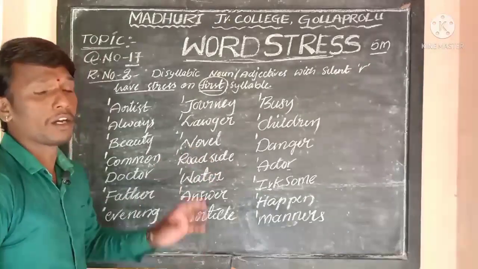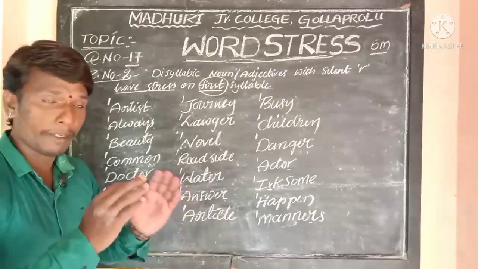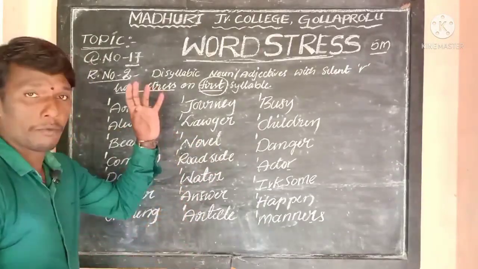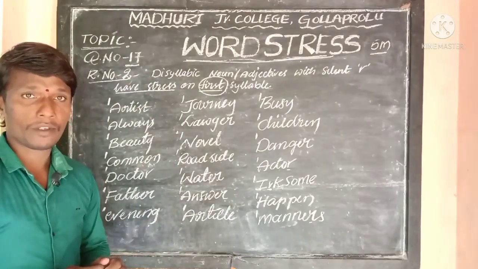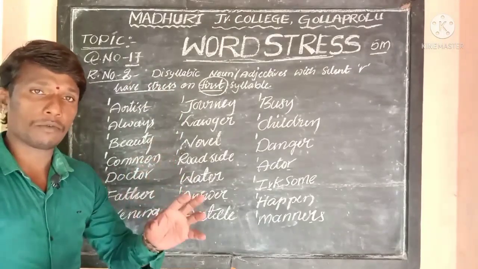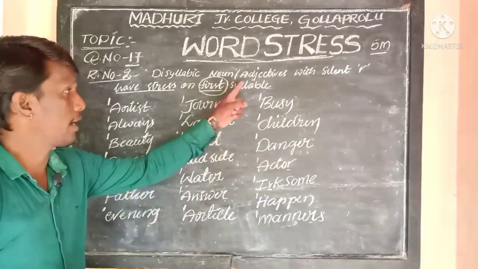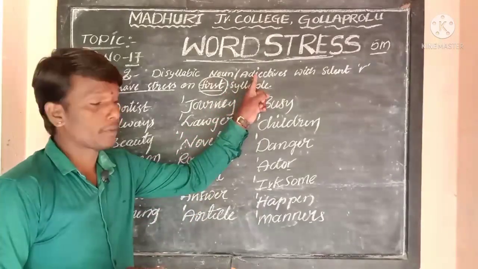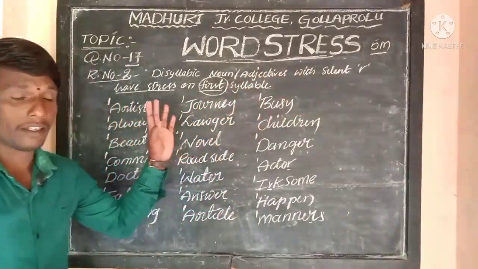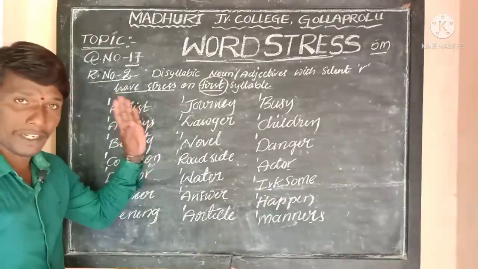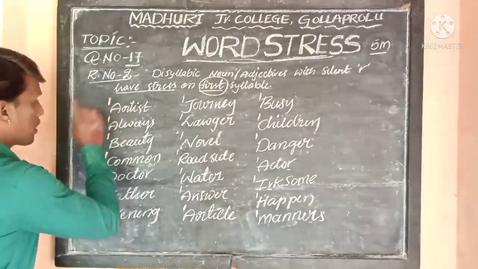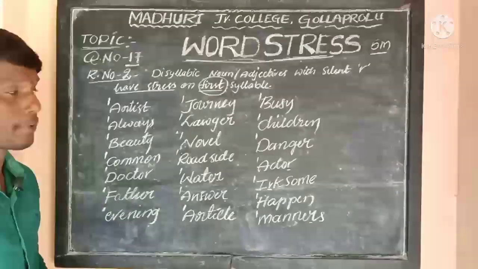This is how rule number 2 works. Rule number 2 is simply that a word should be disyllabic, and the part of speech should be either a noun or an adjective with the silent R. There you should use the stress mark on the first syllable.